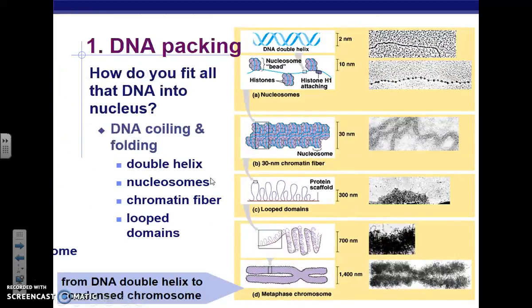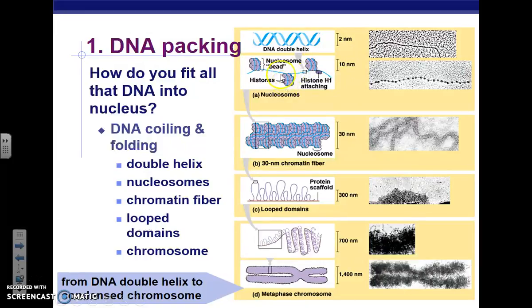So DNA is really long, and in the nucleus, it's compacted. We are not going to go through all the levels of compaction. This was something that was on the old test. But essentially, DNA wraps around these things called histone proteins, and then these histone proteins come together.